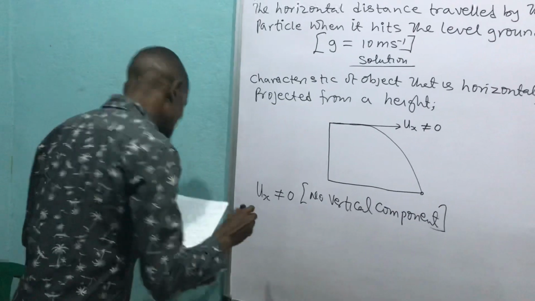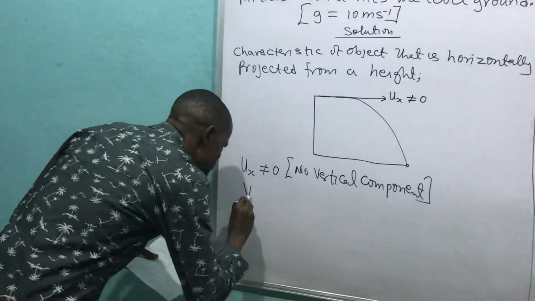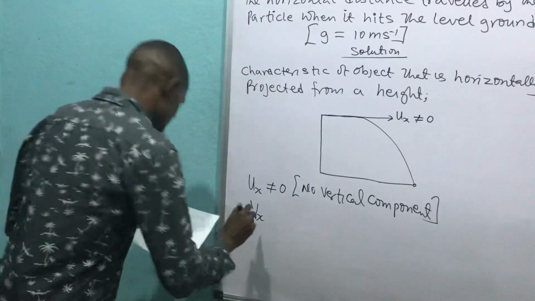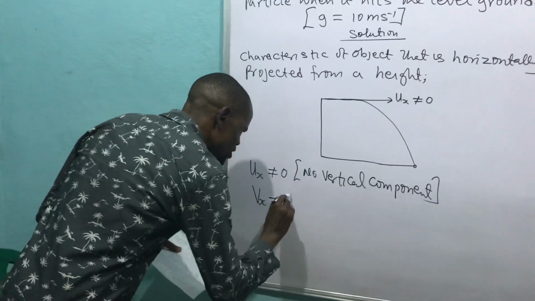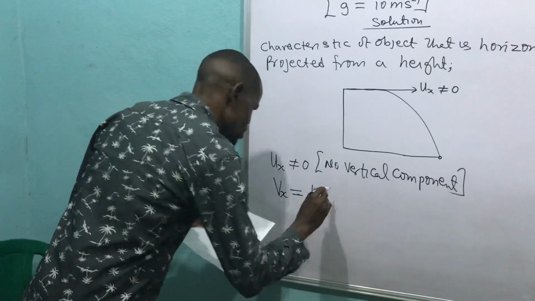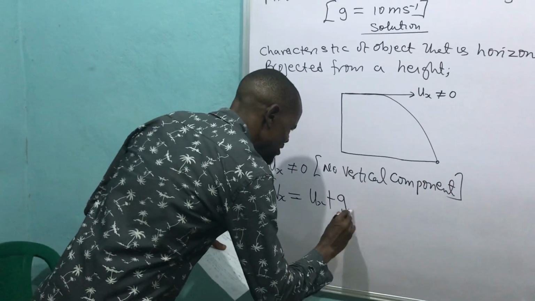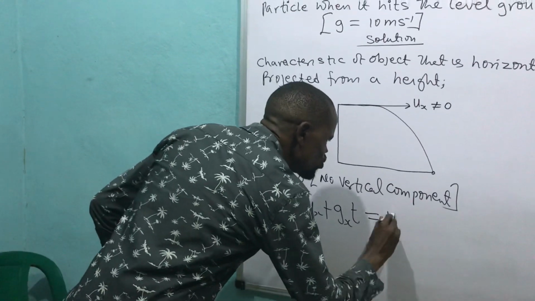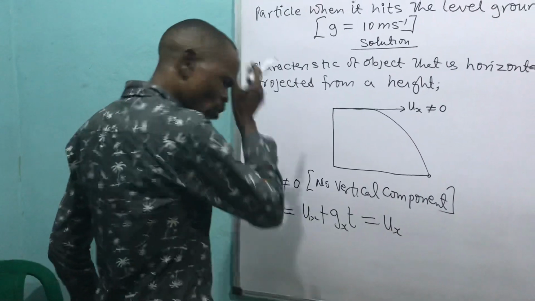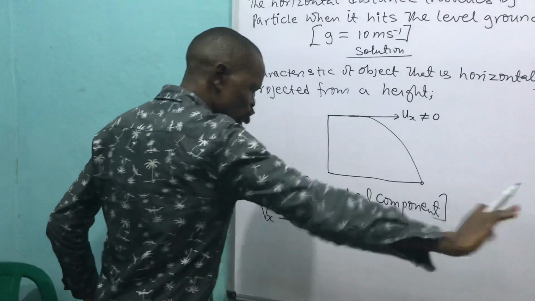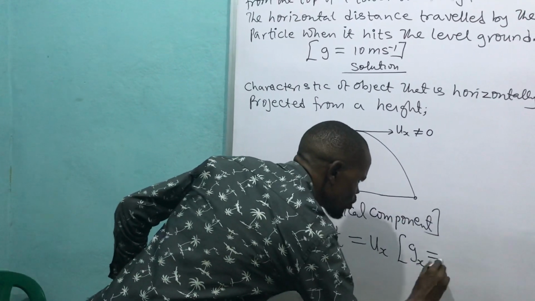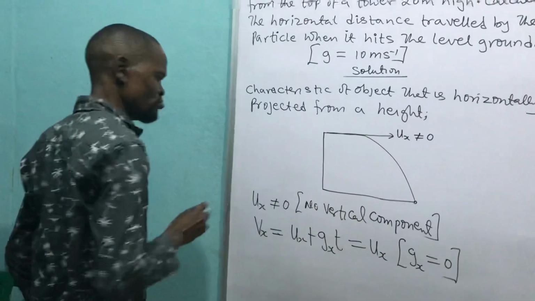Then we noted that. Again, we have that Vx, the linear velocity, is equal to Ux plus gx times t, and that is equal to Ux, because in a horizontal motion gx is equal to 0. Are you getting what I'm saying?